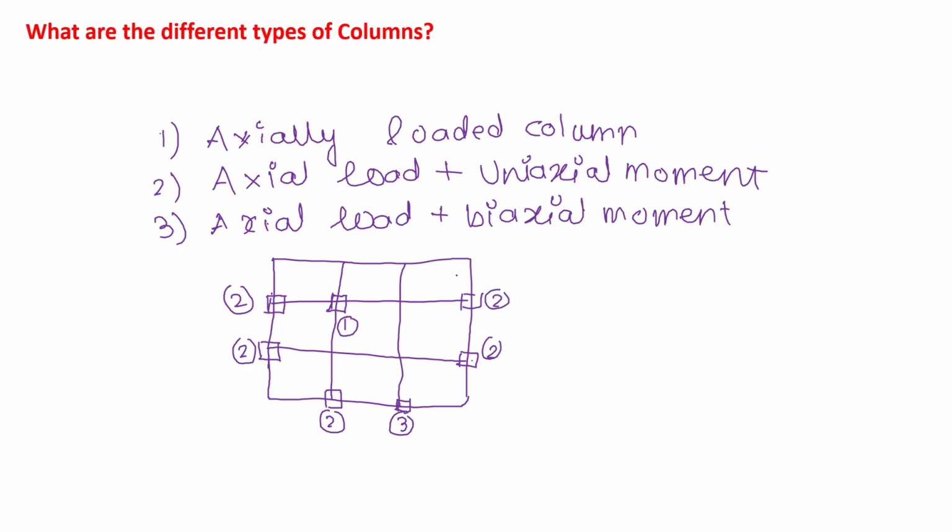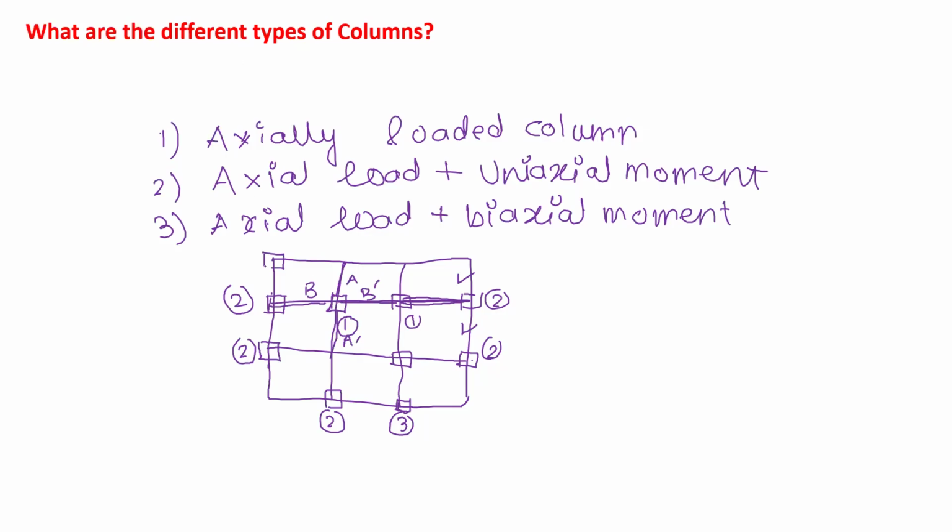Why? Because the moment due to one beam is balanced by the moment due to the opposite beam, but in the other direction we have a moment that is unbalanced. In all interior columns, the moment of beam A is balanced by A dash, and the moment of B is balanced by B dash, and therefore no moment will be there.